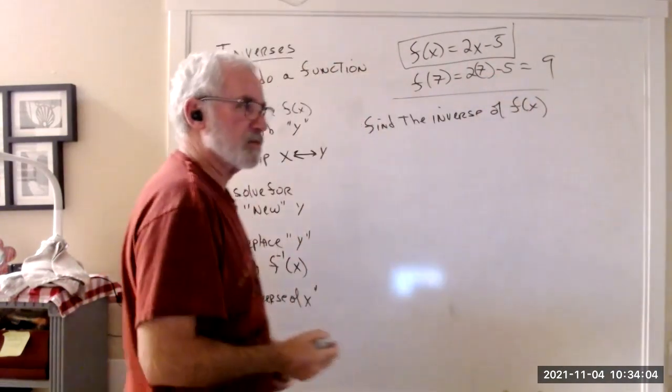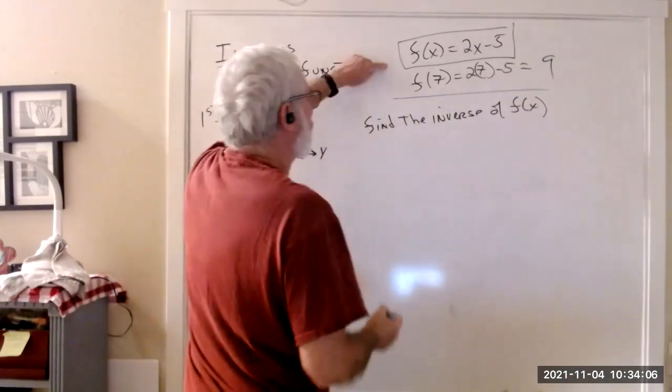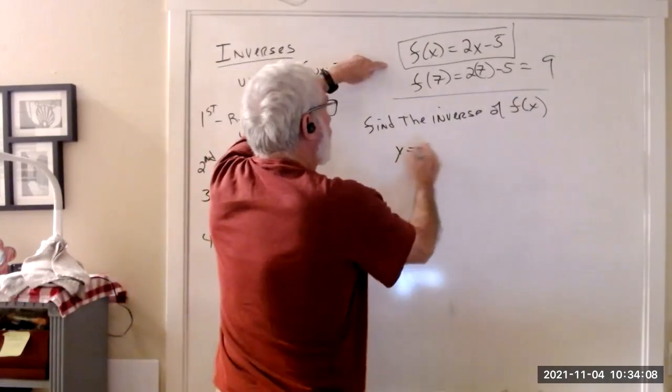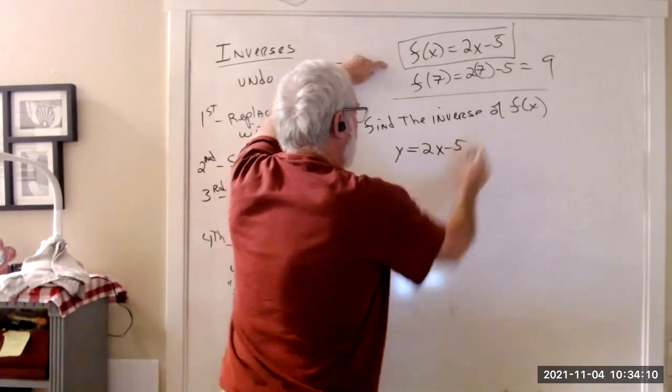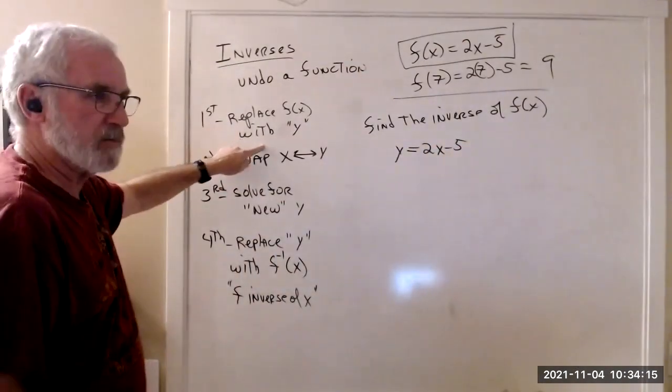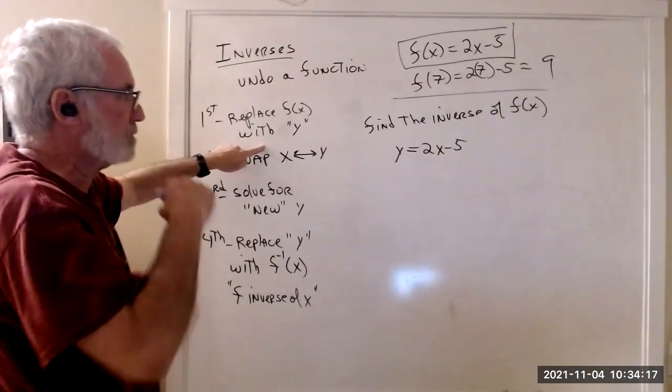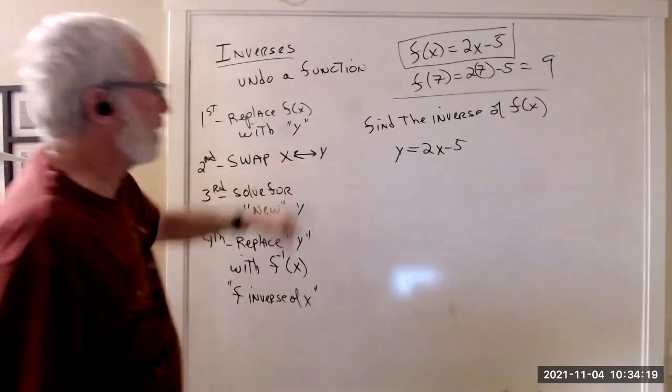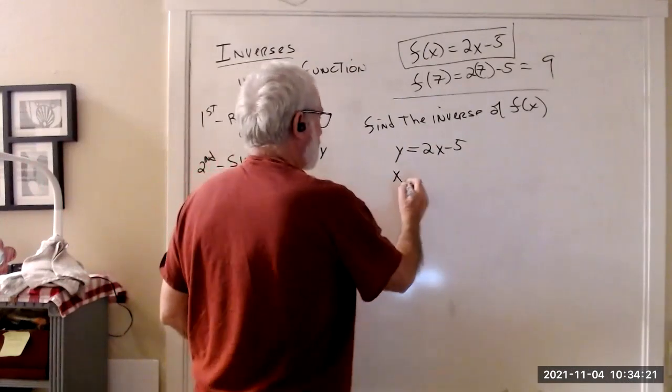Find the inverse. So first thing I do is write it as y equals 2x minus 5, because that's the first step. Replace f of x with y. Second step was swap x's with y's.